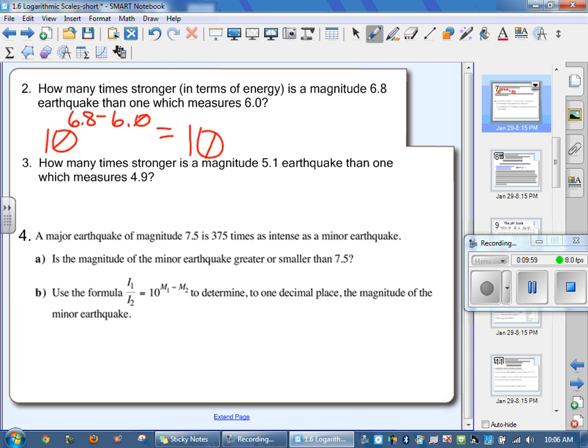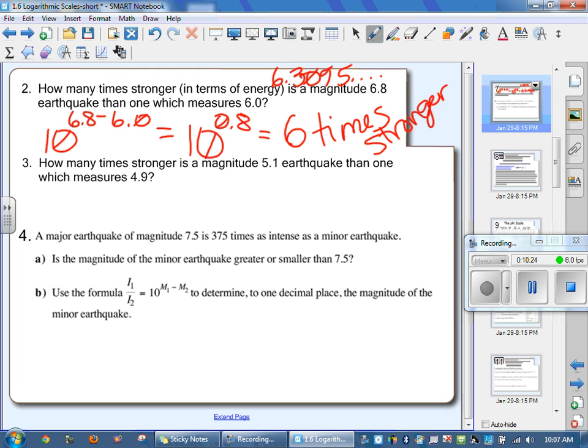Type that in and see what you get. You're going to get 6.3095 and so on, so it's going to round to 6 times. So it's 6 times stronger. You could use, again, the words as intense if you like.